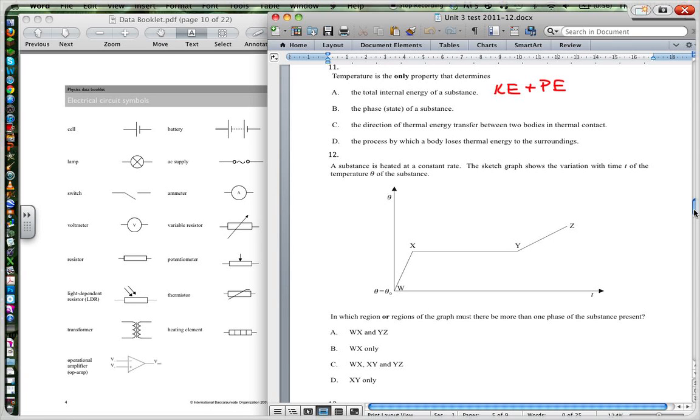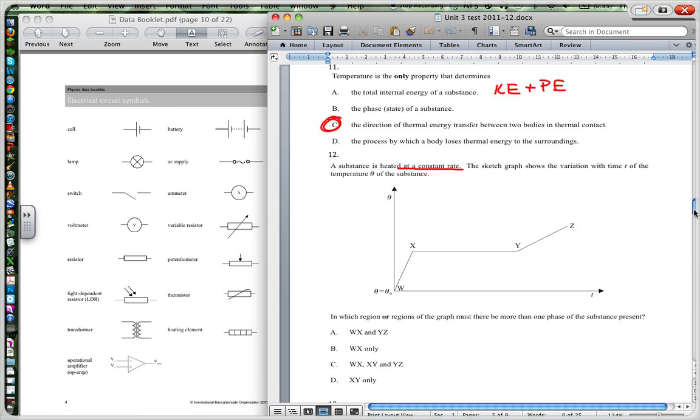The direction of the thermal energy transfer between two bodies in thermal contact: yes, that will. It will always go from a higher temperature to a lower temperature. And the process by which a body loses thermal energy to the surroundings, it all depends on the circumstances. Sometimes it can be by convection, conduction, radiation. That can be a number of different ways. But C is correct.